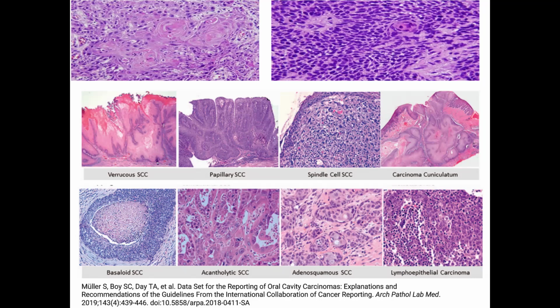But there are different subtypes of squamous cell carcinoma that can occur in the oral cavity or the larynx or the pharynx. We're not really limiting ourselves too much to a part of the head and neck.